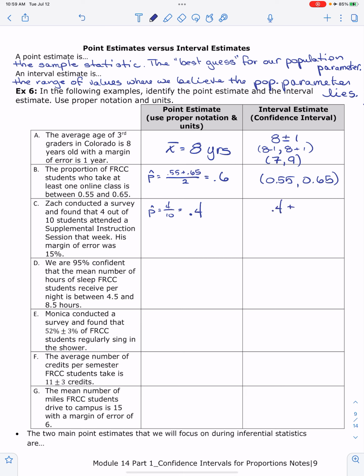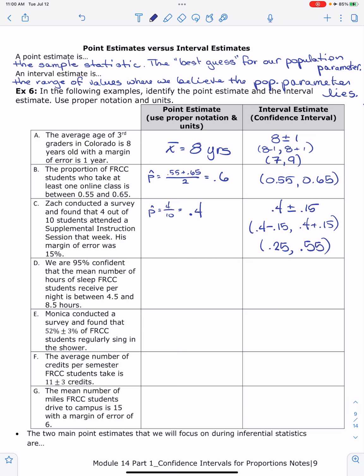So to our 0.4, we are going to add and subtract that 0.15. 0.4 minus 0.15 gives me a lower bound of 0.25. And 0.4 plus 0.15 gives me an upper bound of 0.55.